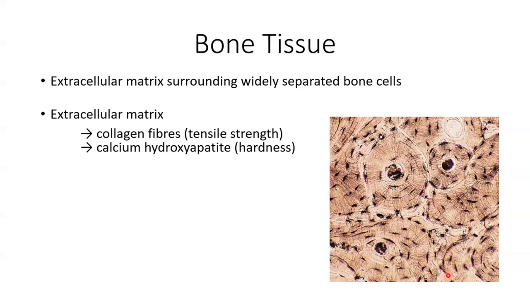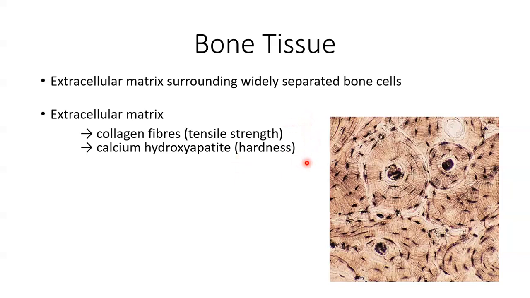So remember, our collagen fibers are the really strong, force-resistant fibers embedded in a mineralized ground substance. So the ground substance contains hydroxyapatite, which is basically just a form of calcium and phosphorus, but it's what gives bone its hardness. So I'm not going to test you on this, but just know that if you see that, it's stored calcium and phosphorus, and it's what gives bone its hardness.